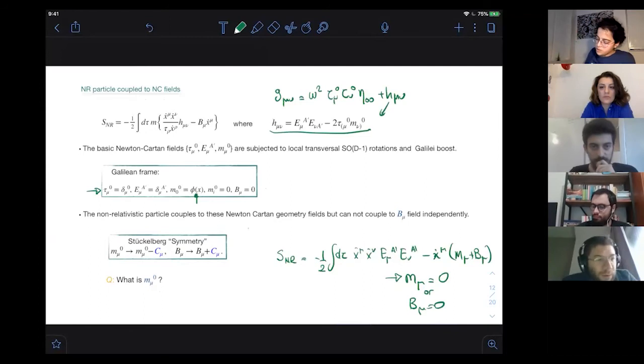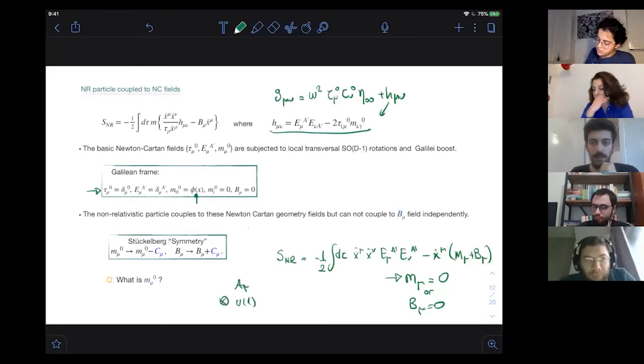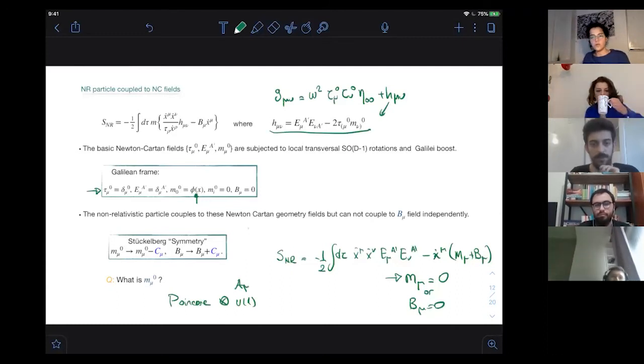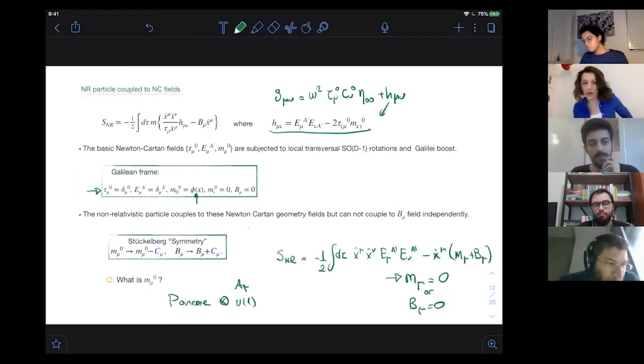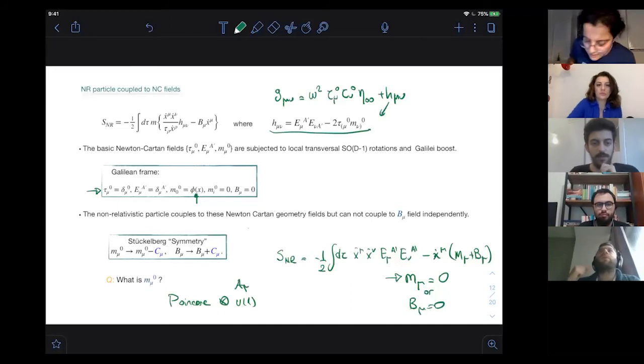For example, in Poincaré, when you introduce a gauge field A_mu, the algebra of A_mu would be U(1). Poincaré cross U(1) would give me a Maxwell theory. Maybe I didn't understand your question. Can you say again? No, it's all right. I get it now. Thank you.